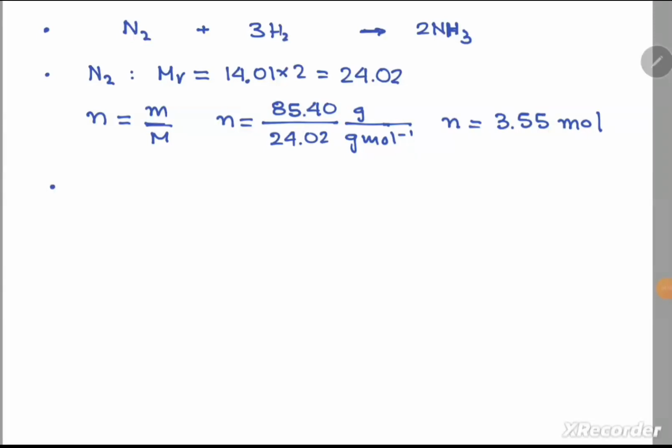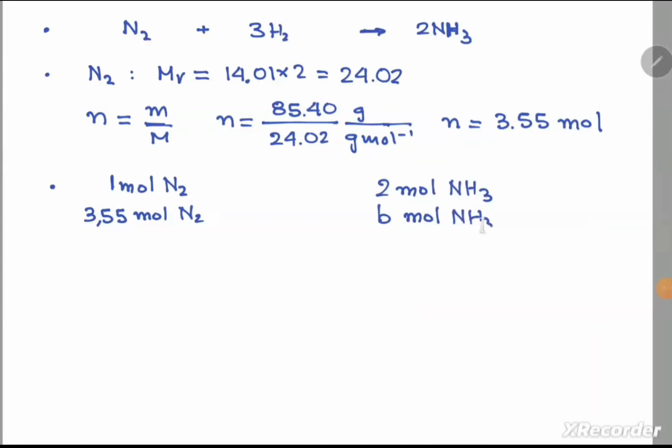Then we have the ratio from the balanced equation. We have 1 mole nitrogen gives 2 mole ammonia. Now we have to react 3.05 mole nitrogen, and we have the unknown mole ammonia.